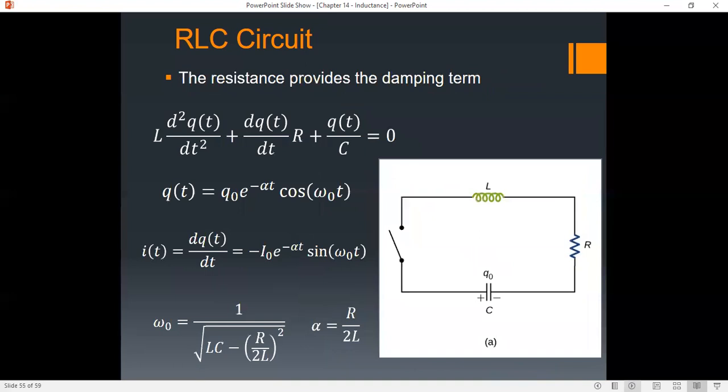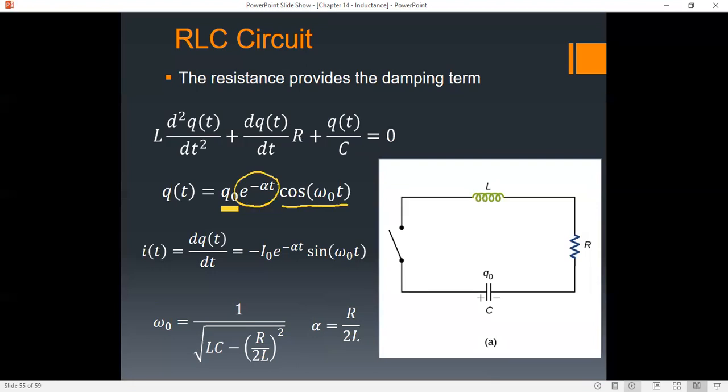What that does is it still gives us this amplitude Q0 for the charge. We still get this oscillation cosine omega 0t, but the resistance also has this extra term right here.